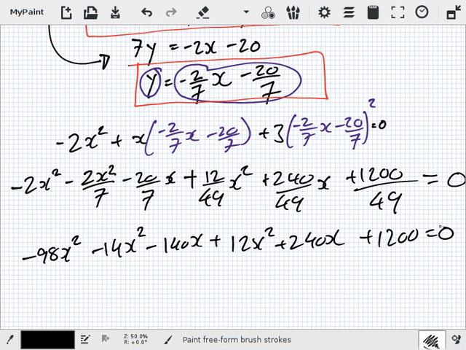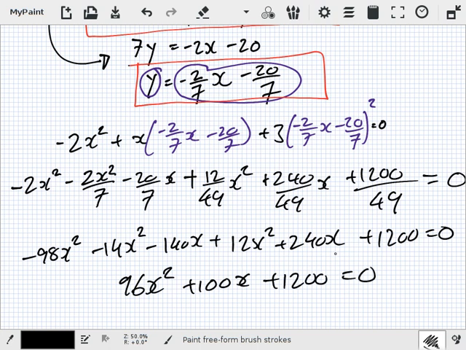Alright, now the fractions are gone, so I can group together. 12x squared plus 98x squared is 110x squared minus 14x squared is 96x squared. 240x minus 140x is 100x, right? Plus 1200. Is that right?